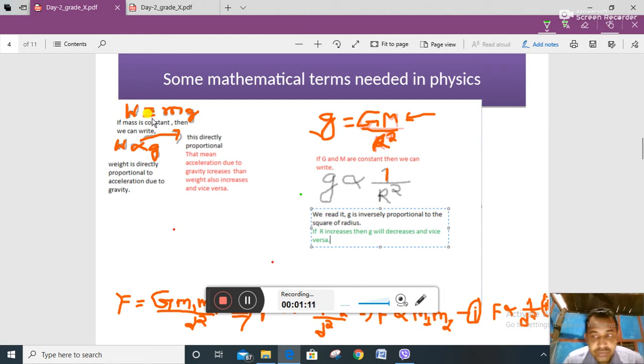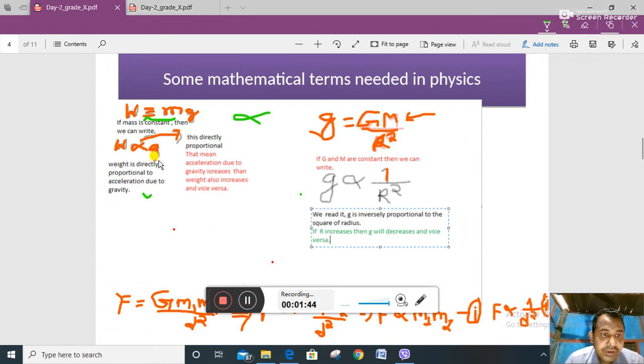If you take a 5 kg mass in Nepal, India or anywhere, it will be 5 kg, so mass is believed to be a constant quantity. If mass is constant, then what can we write? W is directly proportional to g. It means that weight is directly proportional to acceleration due to gravity.